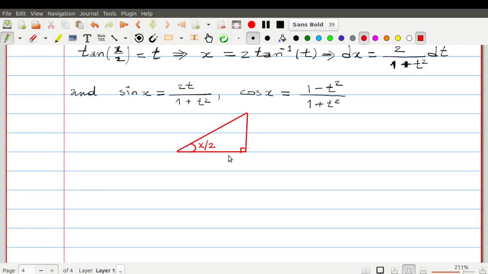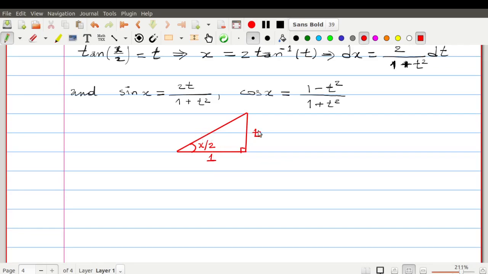and we know that tan is what? Opposite over adjacent. This is adjacent, so if we take adjacent to be 1, opposite will be this one, so this will be our t, and t is the tan, right? And we know that what is here will be the square root of the square of this plus the square of that.